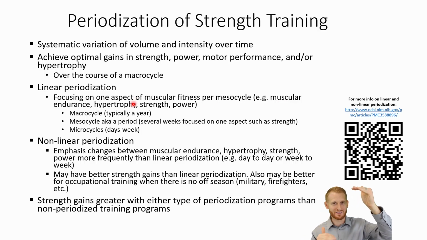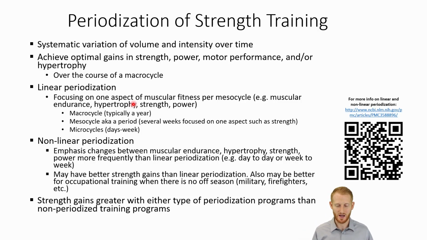It doesn't go all the way back down to before you trained, but it goes down a little bit, and then you switch again, and then you keep having a little bit of a detraining of the different aspects of muscular fitness because you're only doing one at a time for long extended periods, a month or two. With the non-linear periodization, where you're mixing it all into a single week, even though you're focusing on one per mesocycle, you're still doing the other ones. So you're still maintaining them a little bit better.